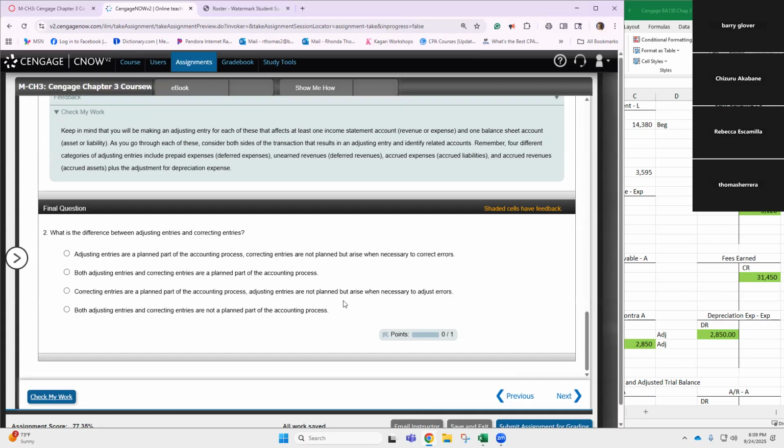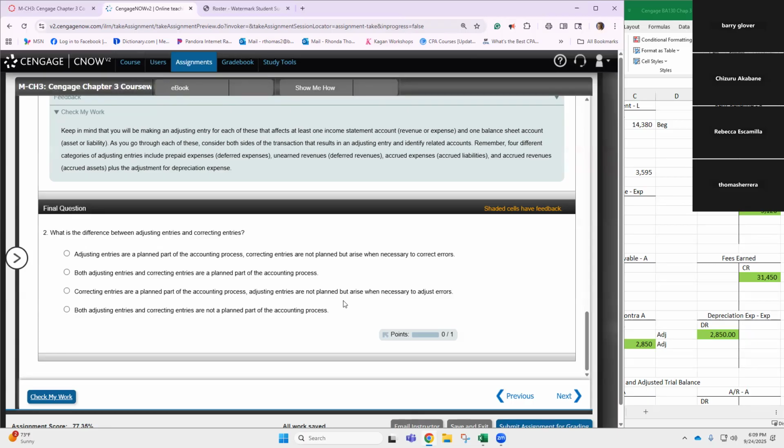So let's see if we can find it. Adjusting entries are planned, part of the accounting process. Correcting entries are not planned. They just need to be done when we find an error. So my first one is the right one. I don't know if yours is in this order or not. It is. Okay, so we got lucky on the first one.